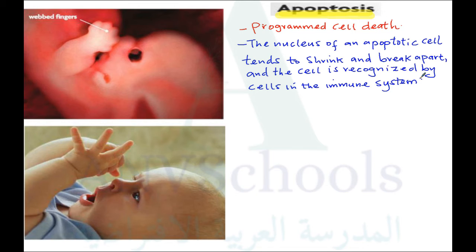very tidily gobble up the apoptotic cell and recycle its chemical parts for use in the building of other molecules. So if this is the cell, they will gobble it up, which means they will destroy it or eat it up.